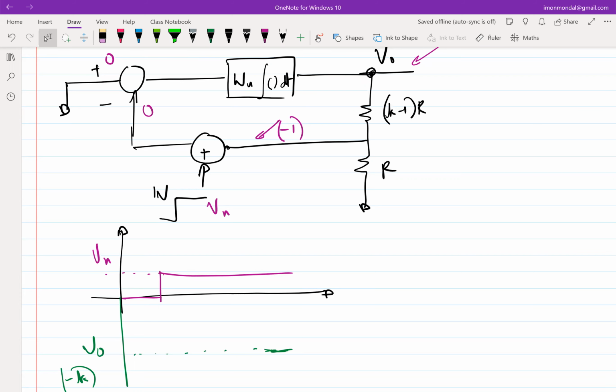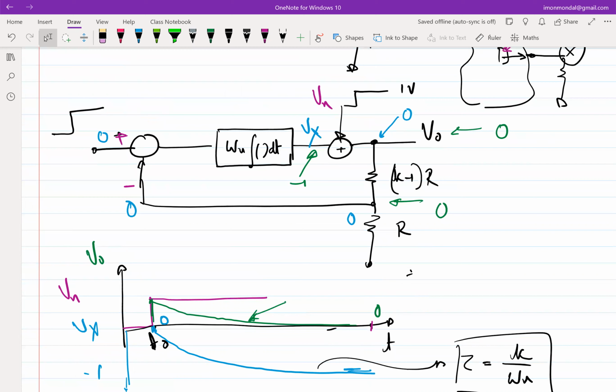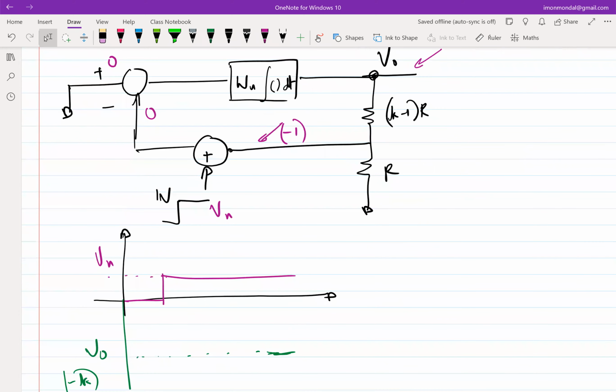Why is it that when I applied an excursion in this situation, the output ultimately settled to 0, and when I applied an excursion in this situation, the output essentially went bonkers? It went to minus K. In the first case, that voltage divider is dividing the voltage in the error voltage. But here, this particular voltage comes directly to the error voltage.